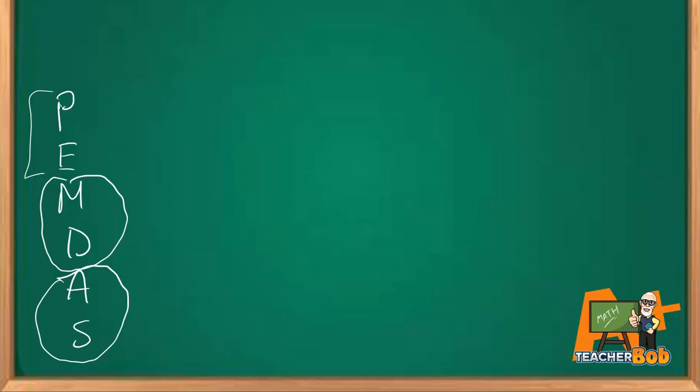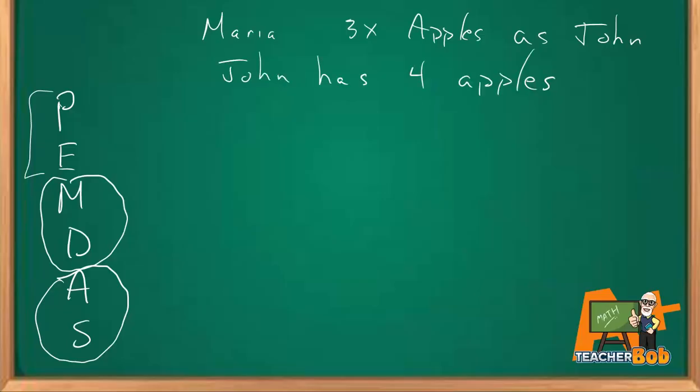So let's take a look at a word problem. So we have someone named Maria, and she has 3 times as many apples as John. If John has 4 apples and she gives 2 apples to her friend, how many apples does Maria now have?